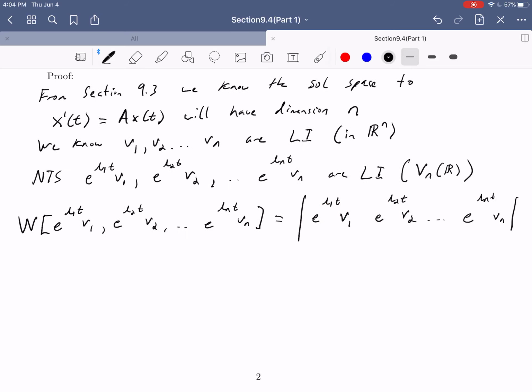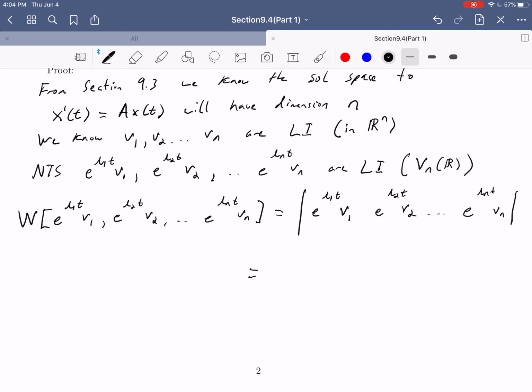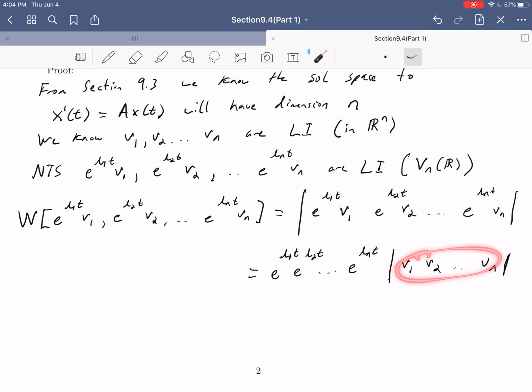This then becomes e^(λ1 t) e^(λ2 t) through e^(λn t) times the determinant of the matrix v1, v2 down to vn. Now this determinant is just of scalar-valued vectors, right? There are no functions left in here. Everything would just be numbers at this point.